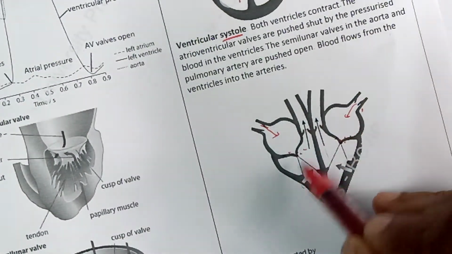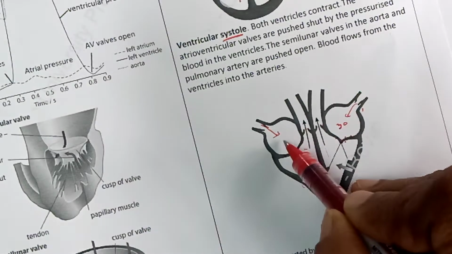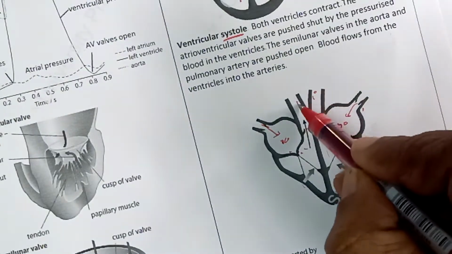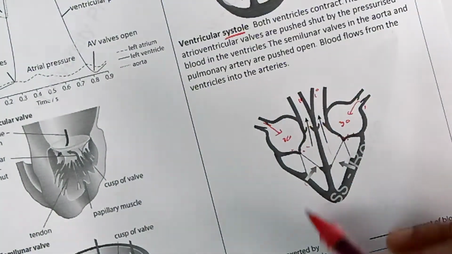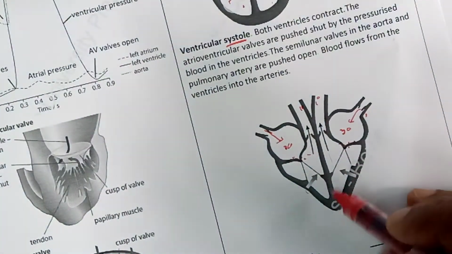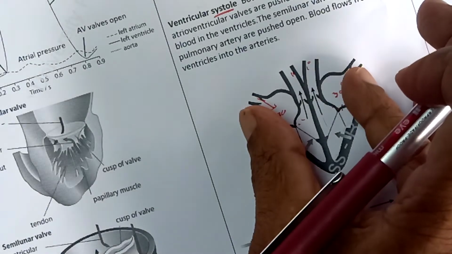After this contracts, say for example, 30 has moved here. Now all the 100 has moved out. An example I'm giving you. So all the blood moves out, contracting from the bottom upward.